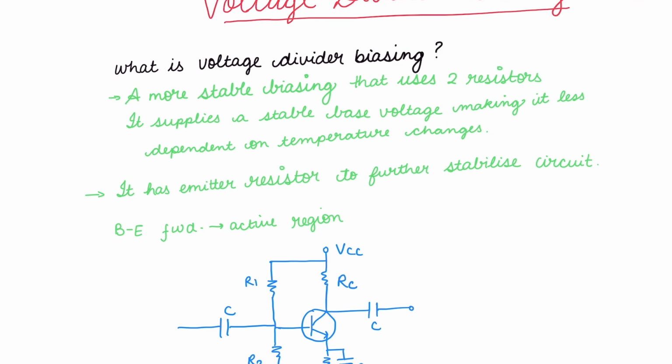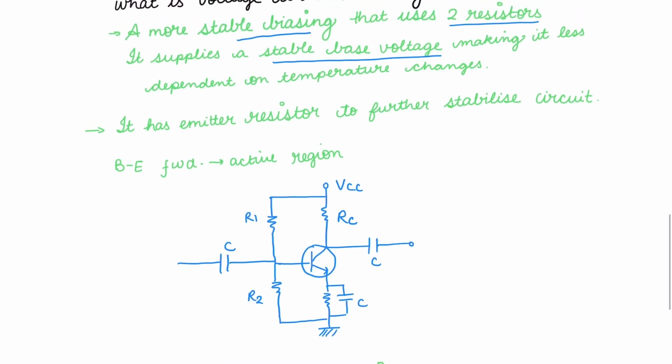Divider biasing solves that problem, since it is a more stable biasing that uses two resistors and supplies a stable base voltage, making it less dependent on temperature changes, and it has an emitter resistor to further stabilize it.